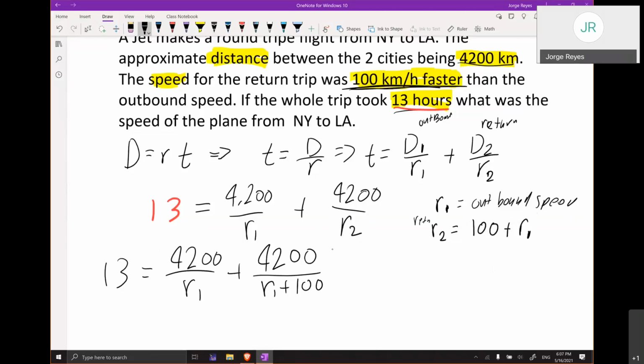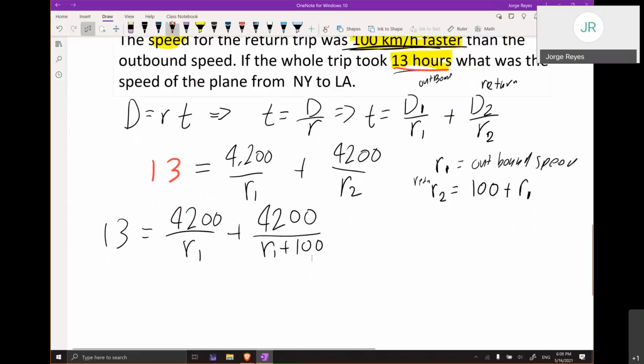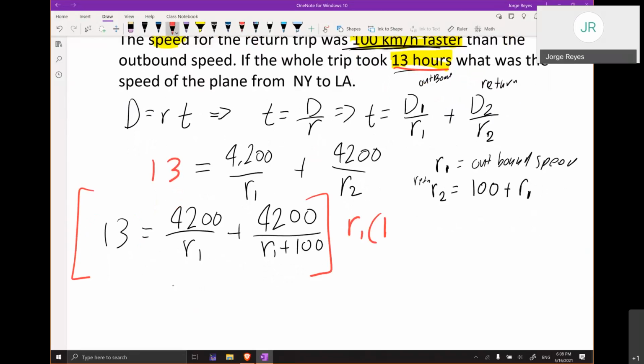And now we solve this like a rational equation, like we learned in the previous section. Actually, I'm going to multiply everything by R1 plus 100 to get rid of the fractions, which is illegal notation, don't copy me, because we do not like fractions.